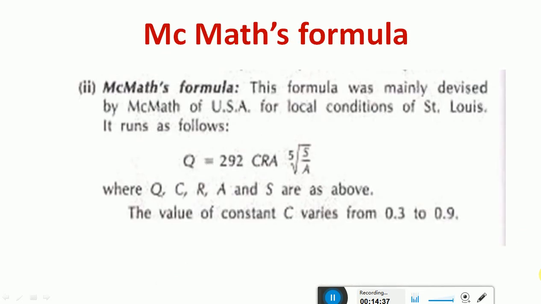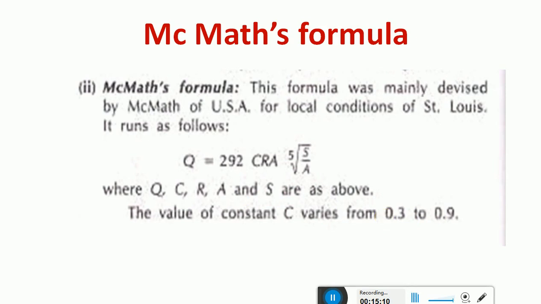Similarly, you have McMahon's formula. It is also developed in USA, by St. Louis. It is given by Q is equal to 292 CRA 5th root S divided by A, where Q, C, R, A and S are the same as above. Here the value of the constant varies from 0.3 to 0.9. You can see the value of C varies from scientist to scientist.